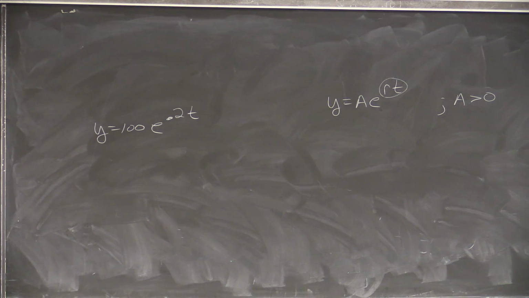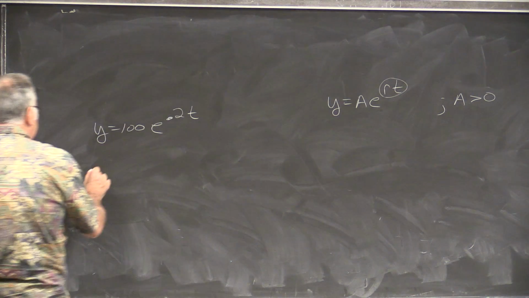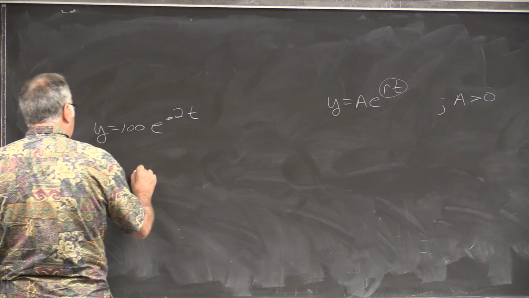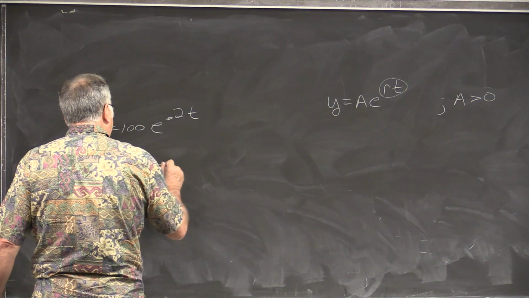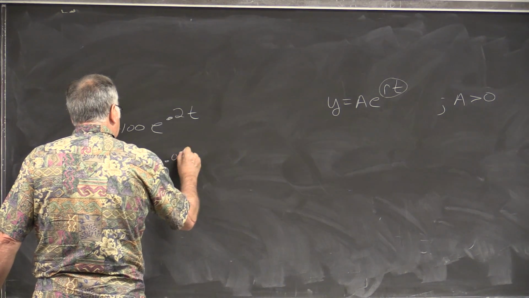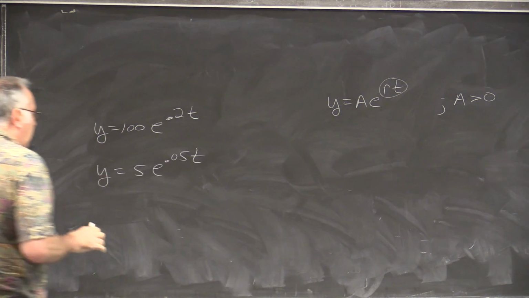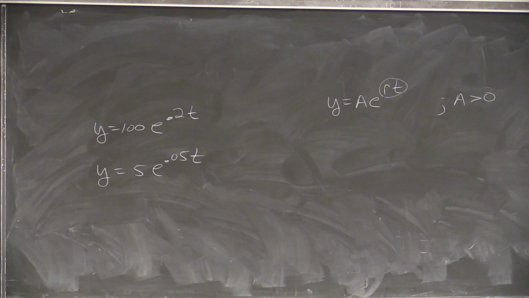So all you have to do is look at this. If you had this, what is the growth rate of y? 5%, or 0.05. So y would be continuously growing at 5% a year.